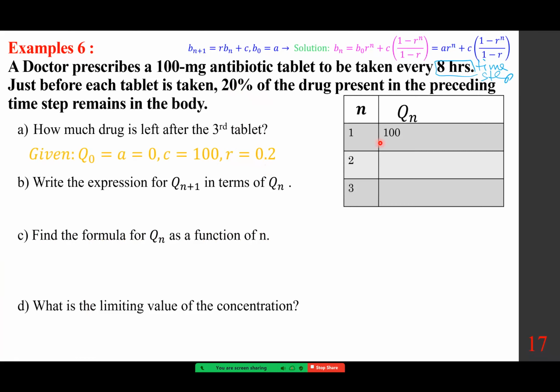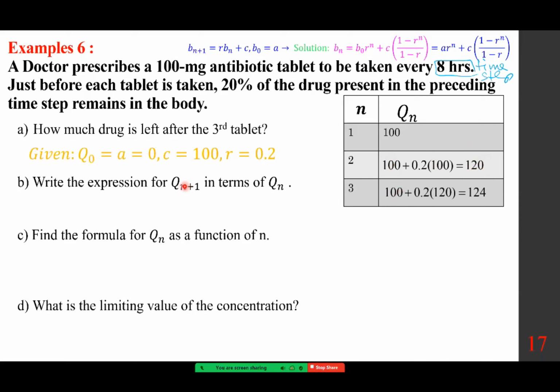First, after the first dosage, we get the constant of 100. Then 20% of that, which means 20 remains. And then we add 100. So 120. Now, for the next one, 20% of that, which is 24, remains, and we add 100, we get 124. So that's how you get to the table.